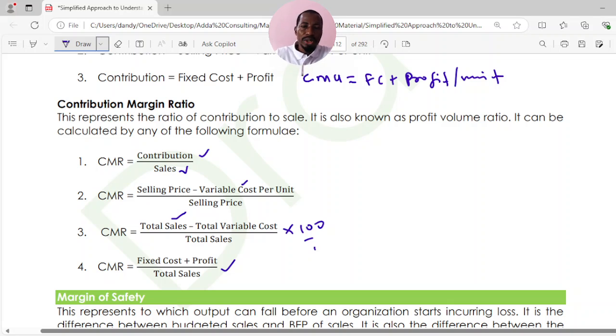Now, before we talk about the objectives of break-even analysis, there are 4 key objectives, but before that, let's talk about margin of safety.